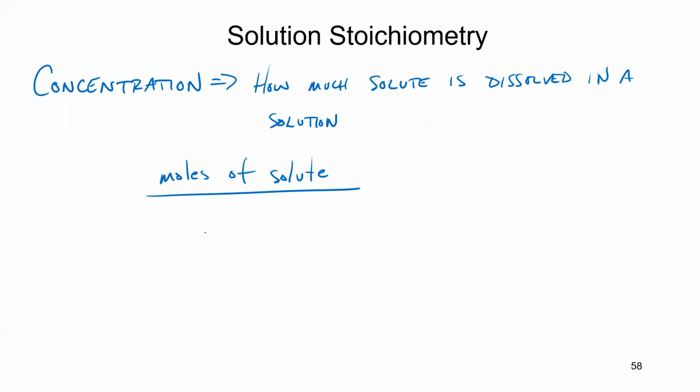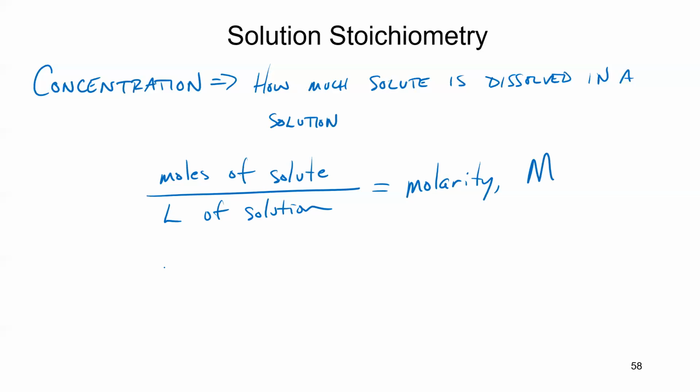What's our unit for volume? Liters. Liters of solution, right? Moles of solute per liters of solution. We call this molarity. And it gets the symbol capital M. So whenever you see big M, think moles per liter.